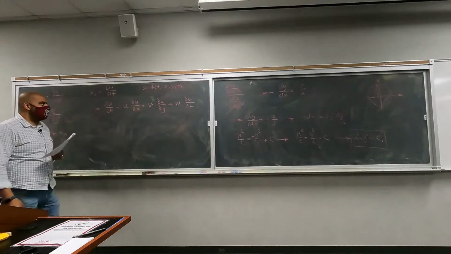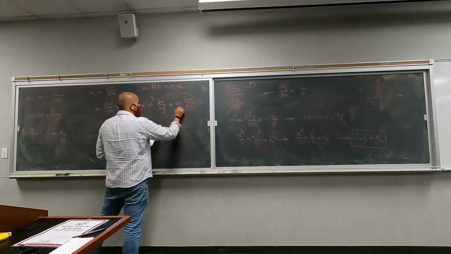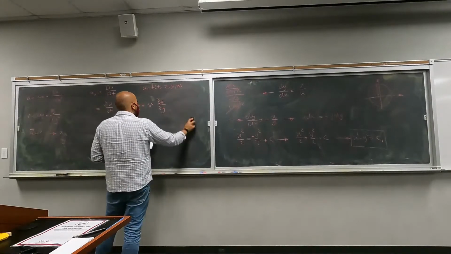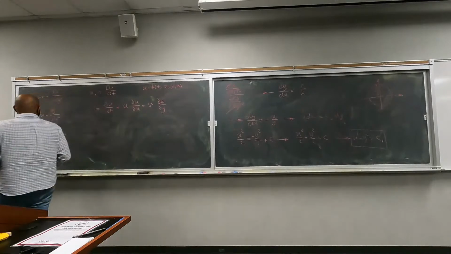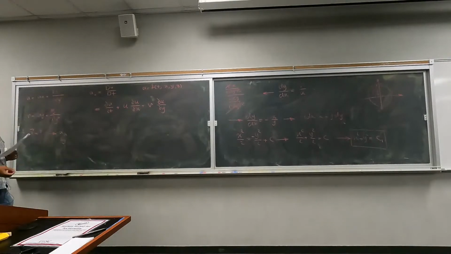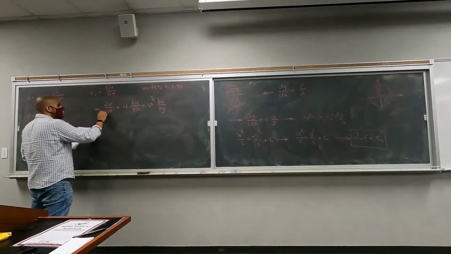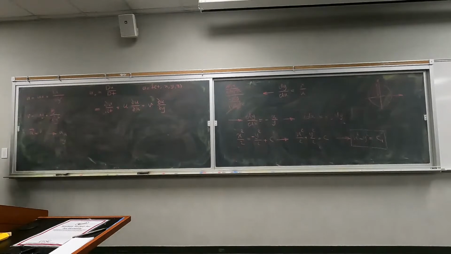This part is 0. It's a two-dimensional case, so it will cancel out. And your velocity does not depend on time, so partial u partial t is also 0. Okay? We don't have any t term here. It's just x and y.